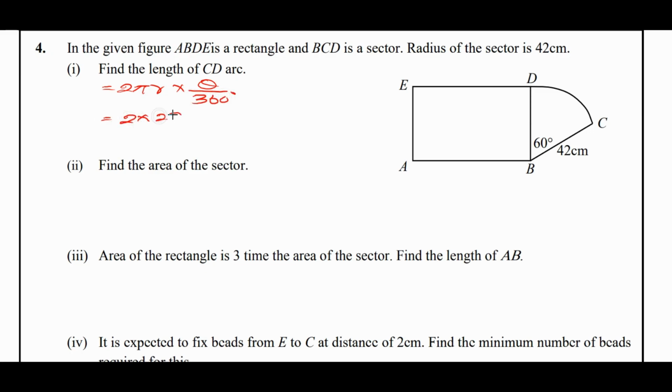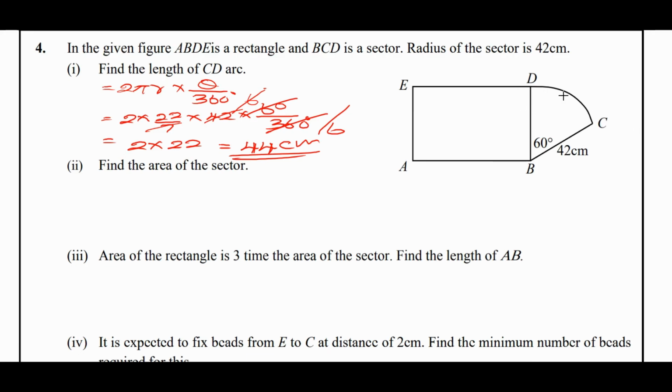That is 2 into 22 over 7 into r, which means the radius, 42, into theta, which means 60 divided by 360. Then we will simplify this. This will be 6, and this will be 7, 6 neglected. Then 2 into 22, that means 44 centimeters. This DC arc should be 44 centimeters.